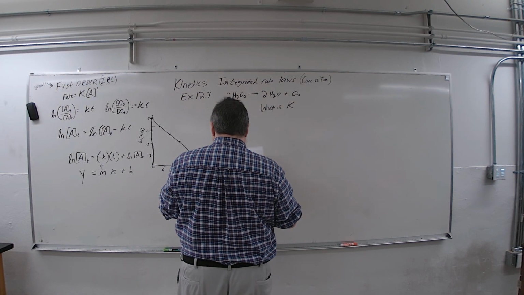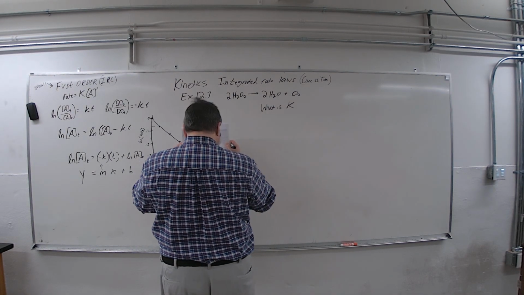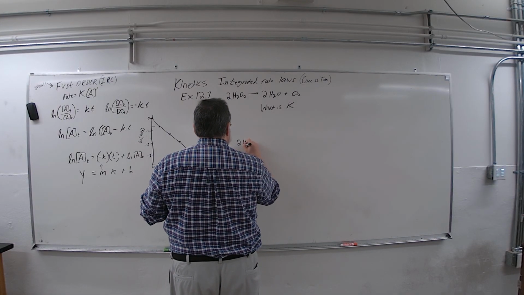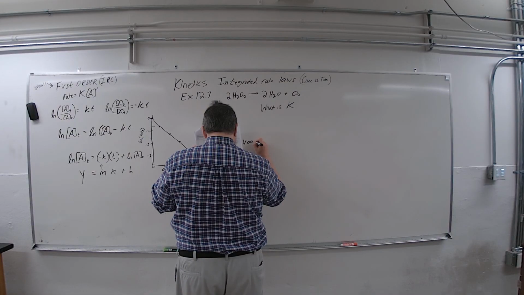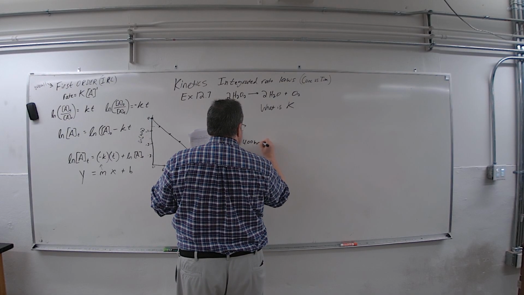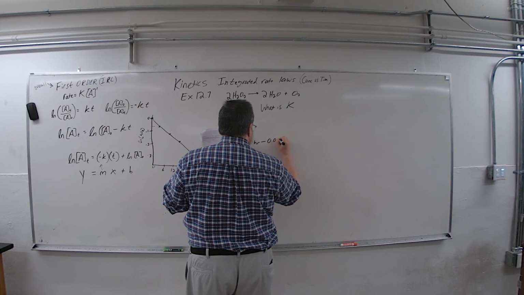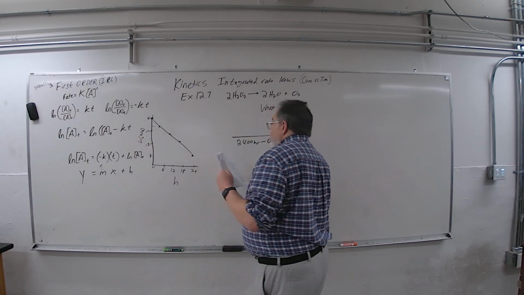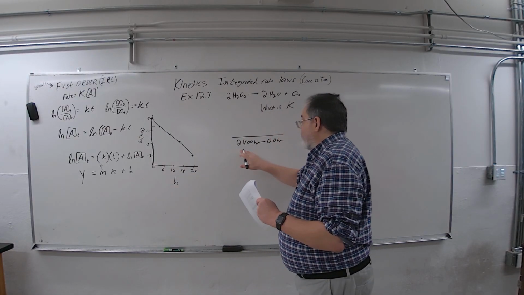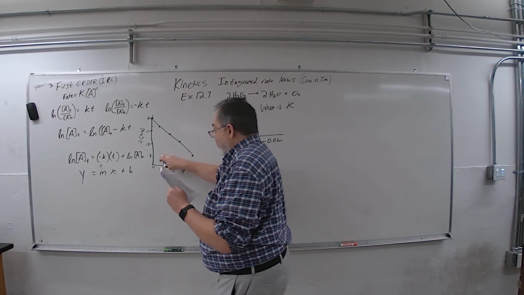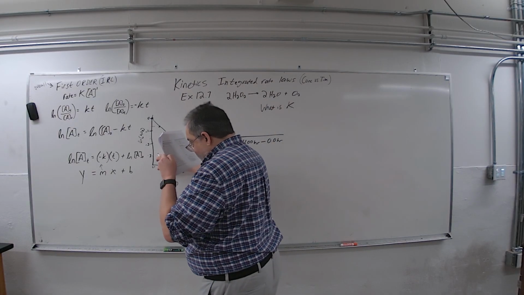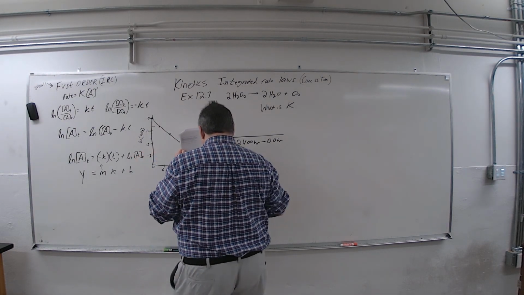So for time 24 hours, final, minus initial, which is 0 hours, this is the run. I'm going 24 minus 0 for final minus initial. And then the natural log, negative 2.772.